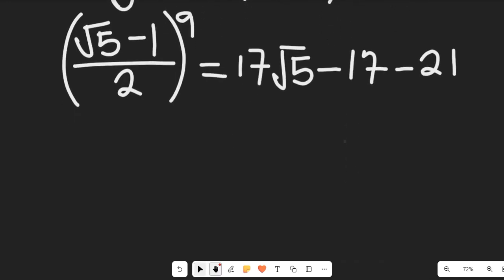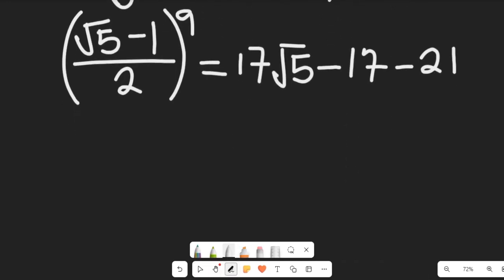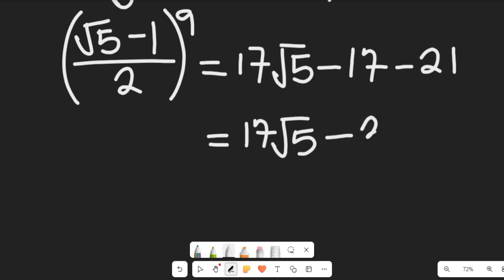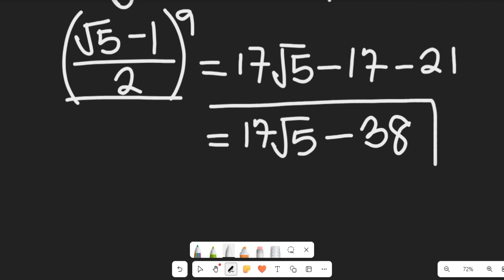So simplifying this, we'll have this whole expression to now be equal to 17 multiplied by the square root of 5, minus, minus is going to give us negative. This plus this will give us 38. So that whole expression will simply give us this as our solution.